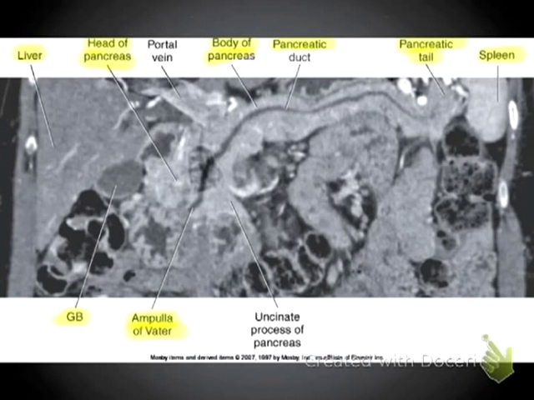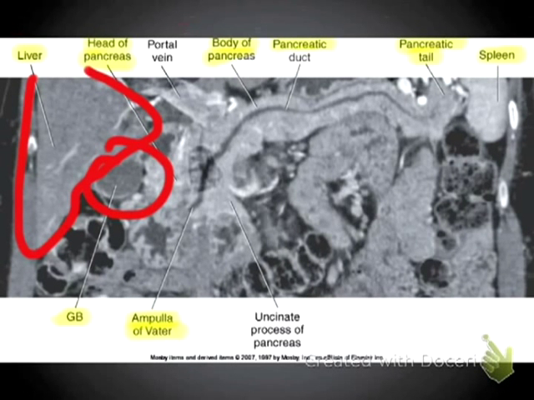And here is the better image of the pancreatic duct. We have the liver here, the gallbladder, we have the ampulla of Vater, and the duodenum here. And so we have the pancreatic duct that's actually running through here.